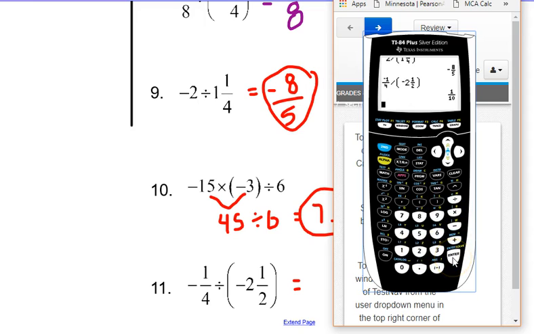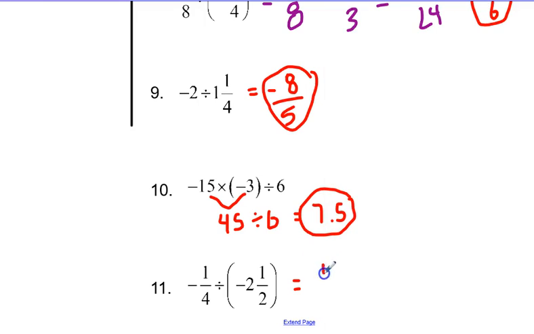Press enter, and we get 1/10. So our answer for number 11 is 1/10. So your calculator is going to be very helpful for this, so make sure you do know how to use it.